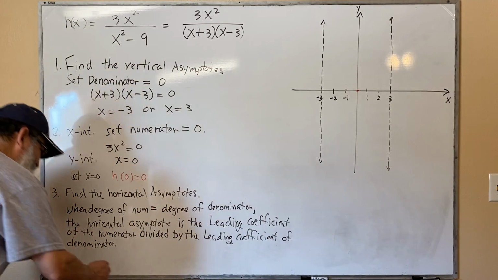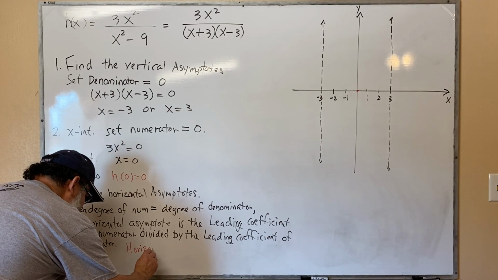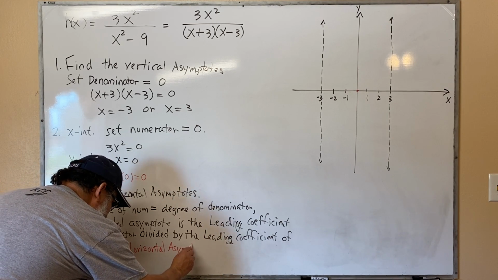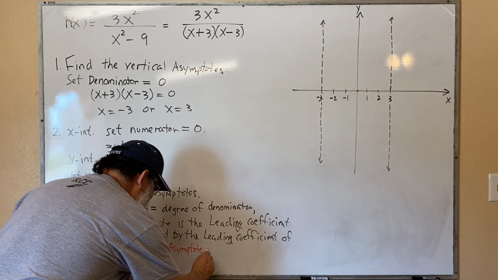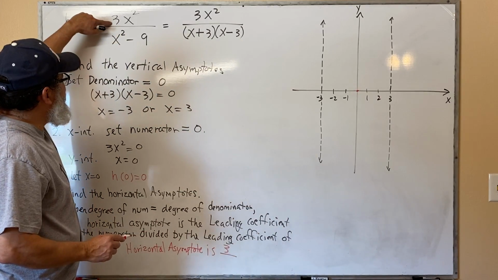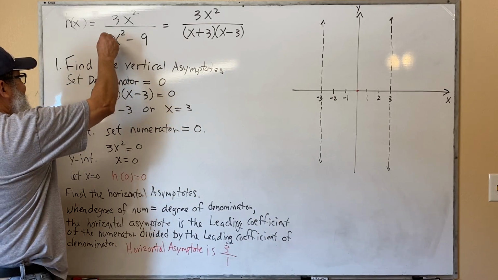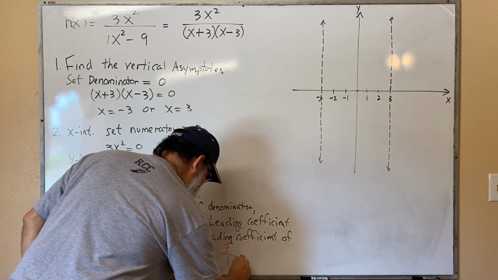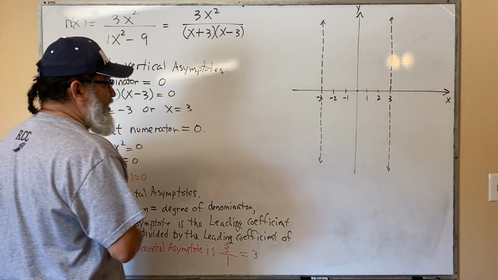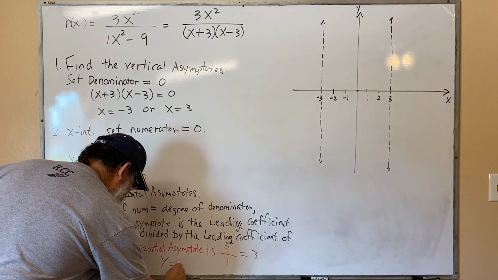So the horizontal asymptote is 3 divided by 1, which is 3. And it really should be y equals 3.